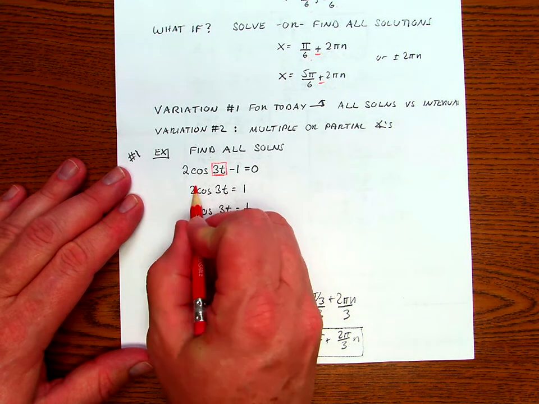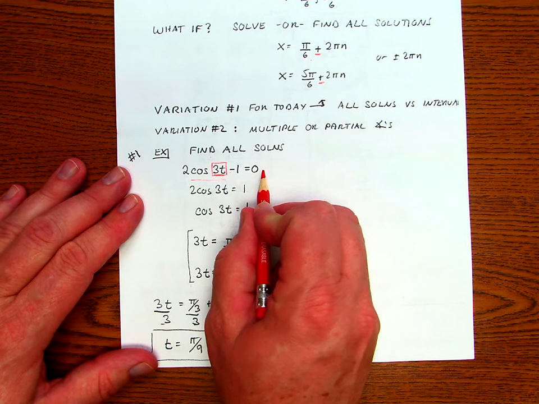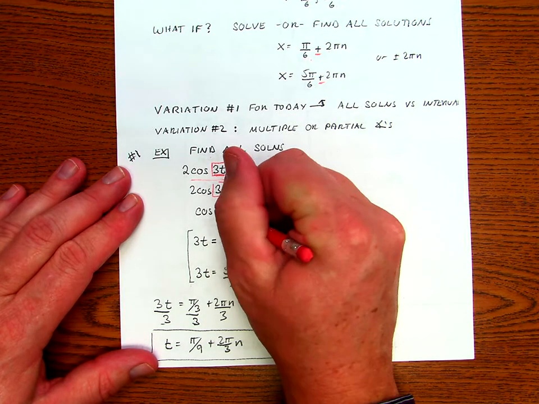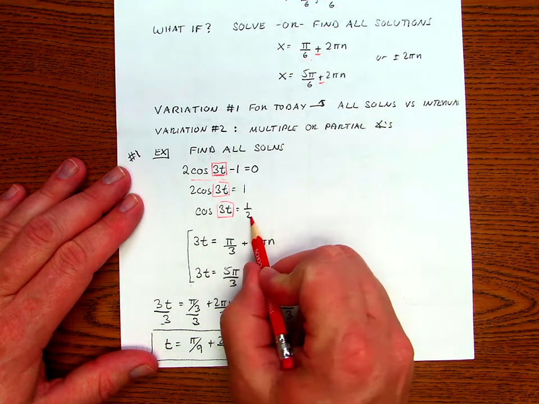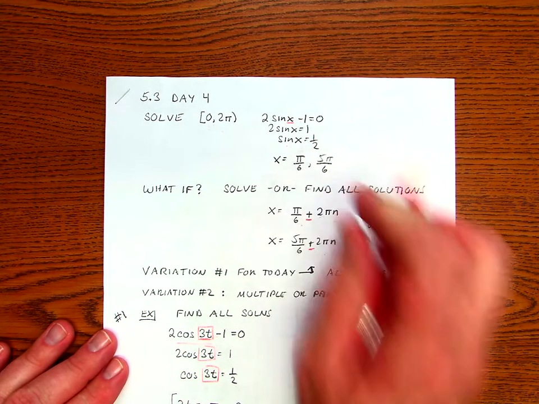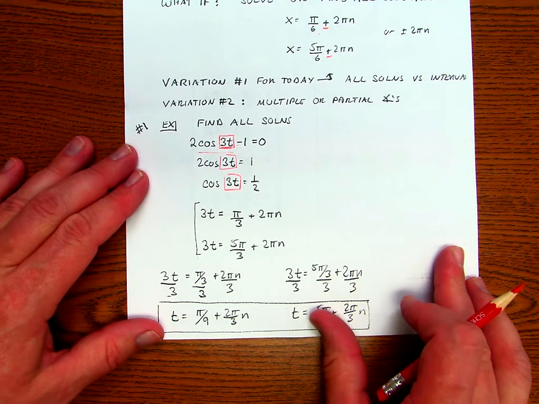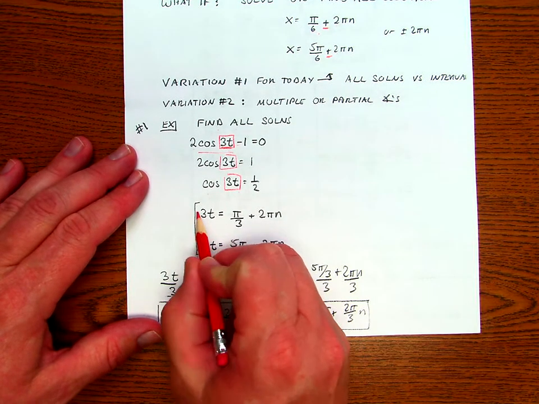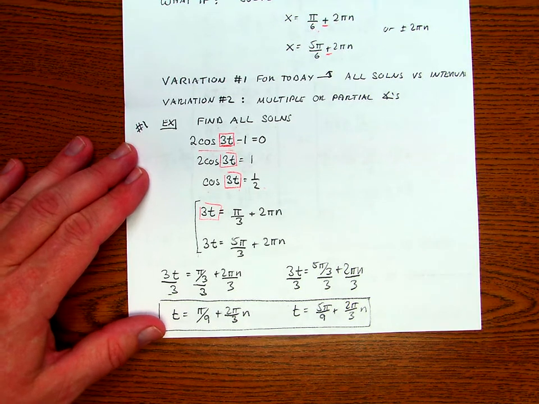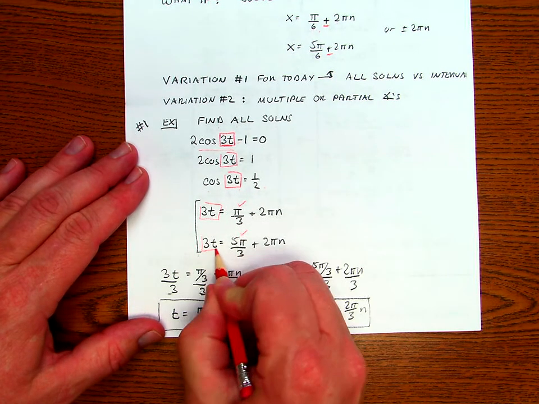So we want to isolate cosine of red box, bring over the 1, divide by that 2, and that gets us to an equation that looks just like this one up here. So what we're going to do is we're going to go to the unit circle. Cosine of what angle is 1/2? In the 0 to 2 pi interval, that happens at pi over 3 and at 5 pi over 3.